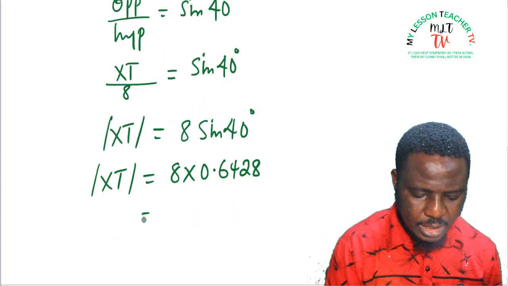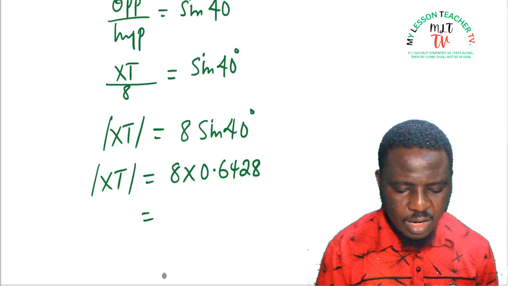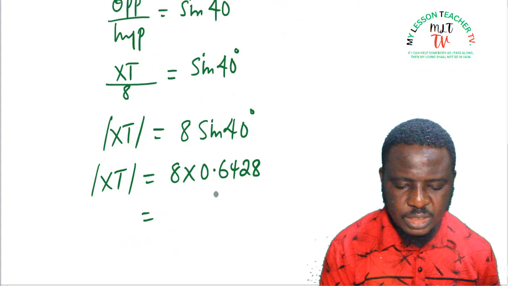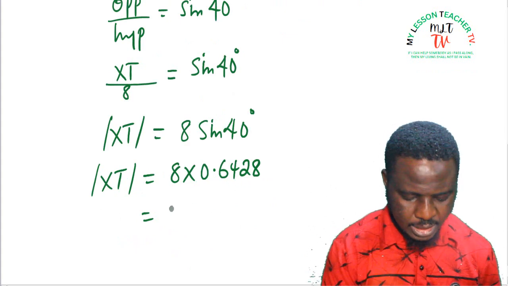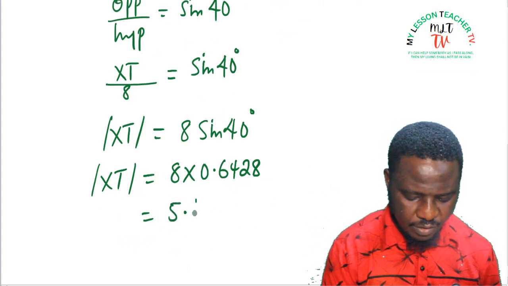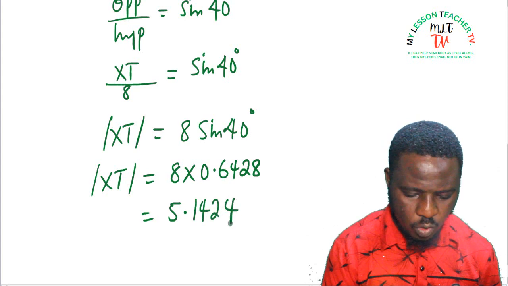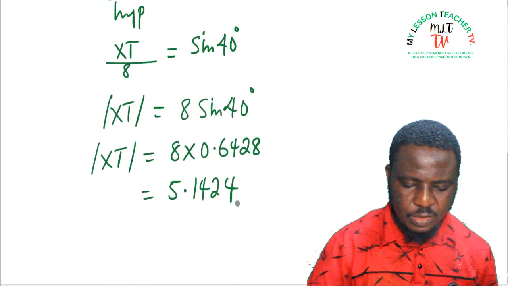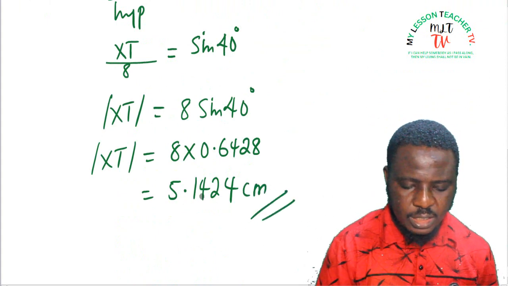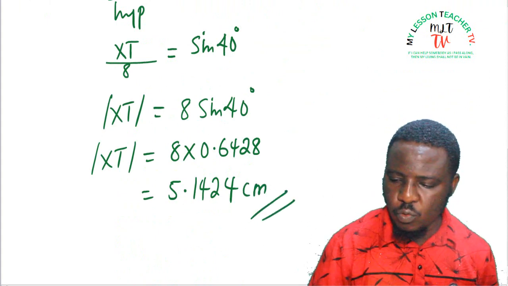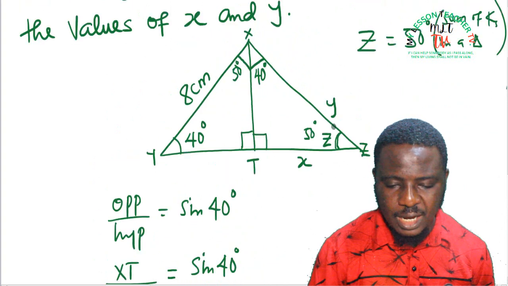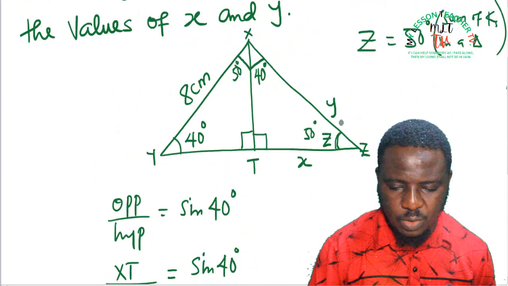Multiplying 0.6428 by 8 is equal to 5.1424. So our length XT is 5.1424 centimeters. But remember, we are asked to find sides X and Y.